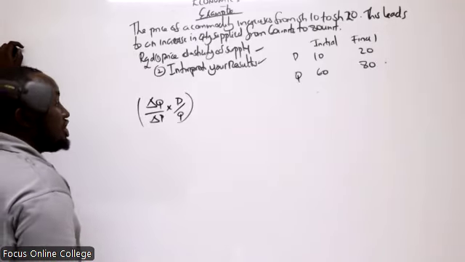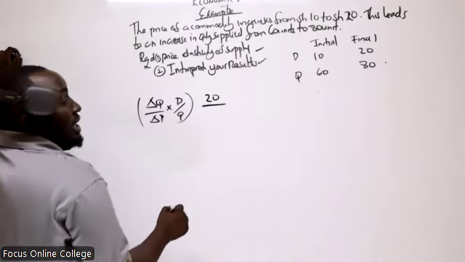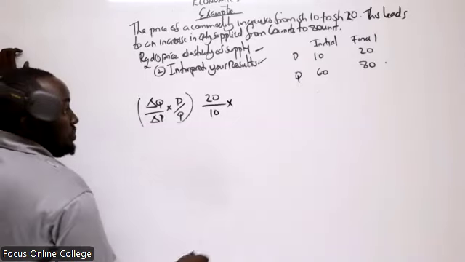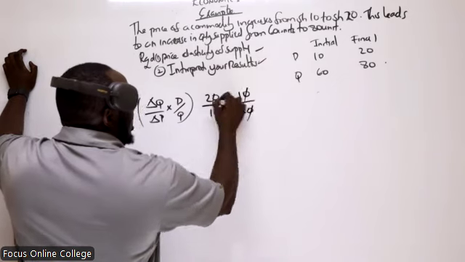So what is the change? The change in Q, 80 minus 60, is 20. Change in price, 20 minus 10, is 10, times original value. What is the original P? It's 10 over 60. So this cancels with this.